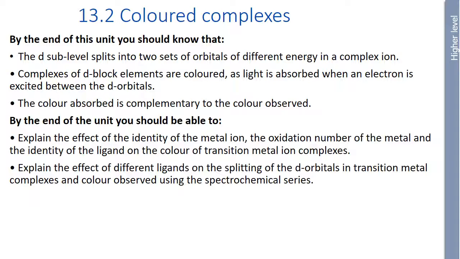So the final subunit of the topic around transition metals and periodicity is that of the colored complexes associated with this first row of the transition metals and how it comes about.